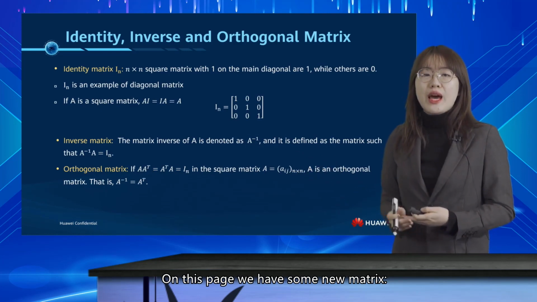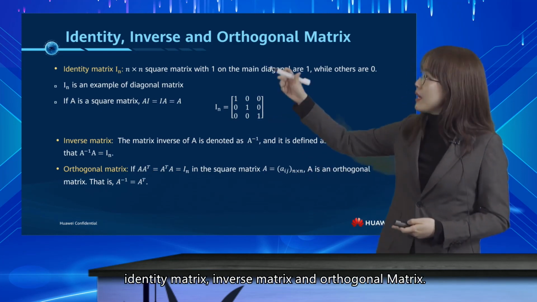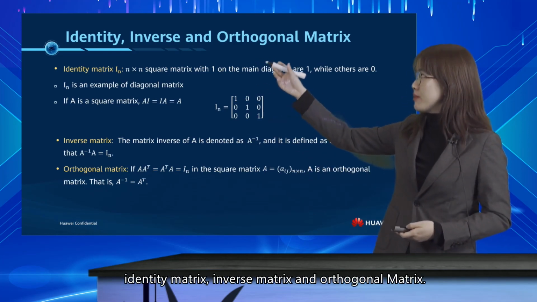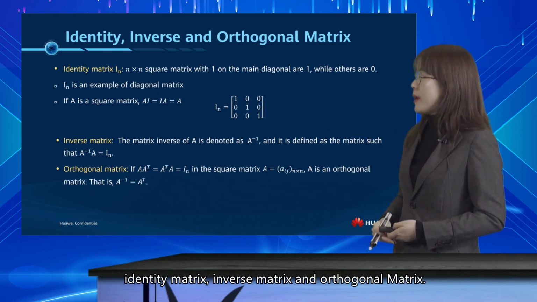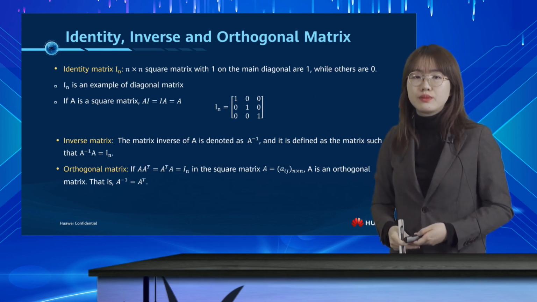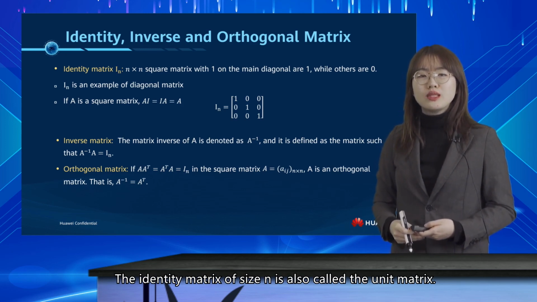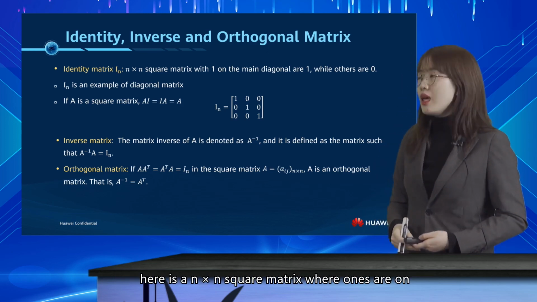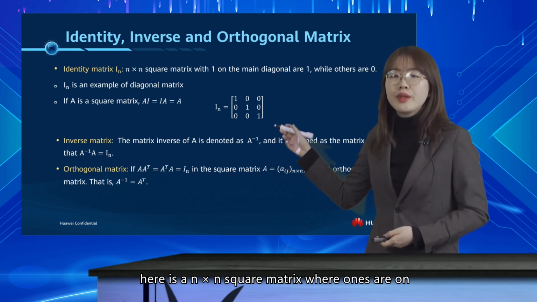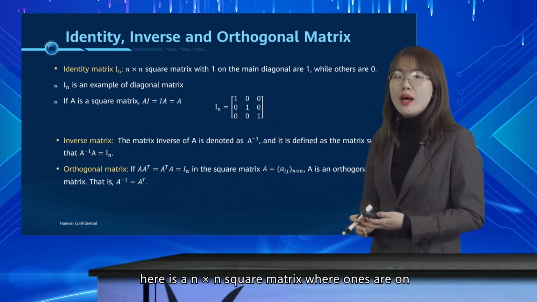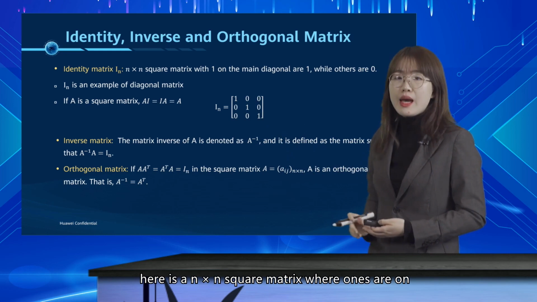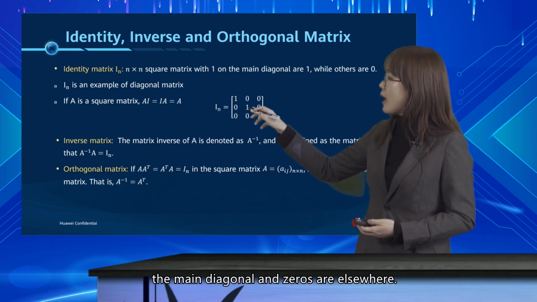On this page, we have some new matrices: identity matrix, inverse matrix, and orthogonal matrix. The identity matrix of size m is also called the unit matrix. Here is the m by m square matrix, where ones are on the main diagonal and zeros are elsewhere.